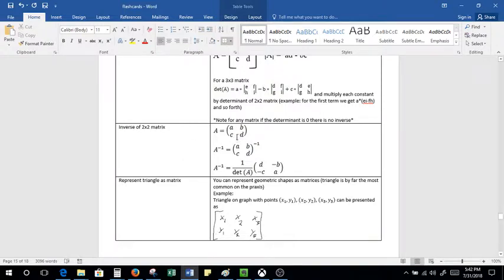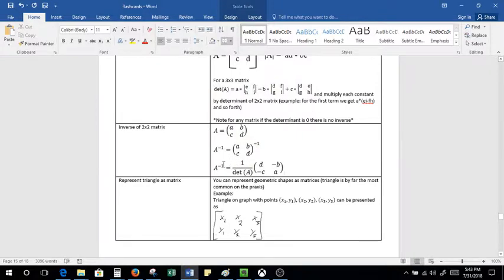So in this matrix here, they're asking for the inverse. Again, when we talk about inverses, this is not a power. That's just the notation. We multiply by 1 over the determinant of A, and that's why, if the determinant is 0, there is no inverse, because dividing by 0 is impossible. And then you flip-flop D and A, so they change places, and B and C become negative.